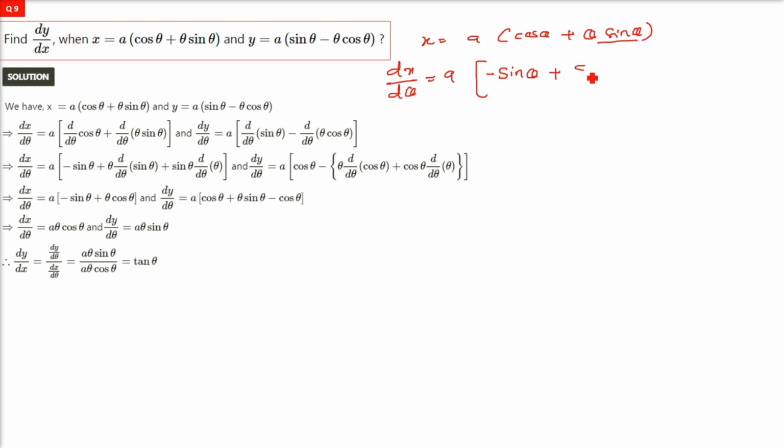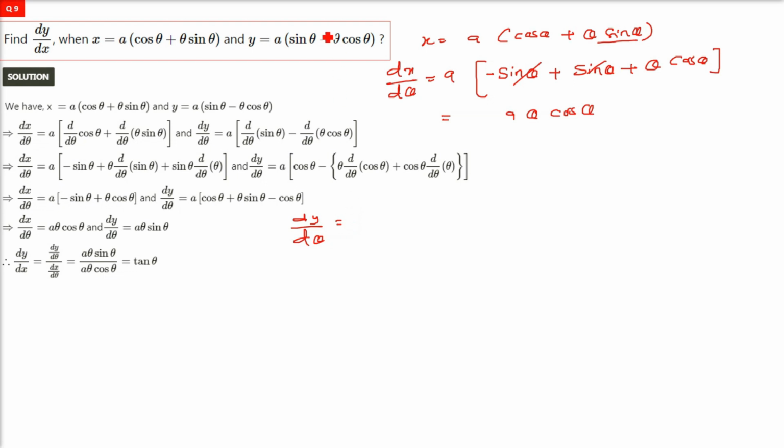So first, sin theta, differentiation of theta is going to be 1, plus, now theta and sin theta will be cos theta, differentiation of sin theta is cos theta. Okay, now sin theta and negative sin theta, you can cancel them out. So only a theta cos theta will remain. Okay. So dx by d theta is nothing but a theta cos theta.